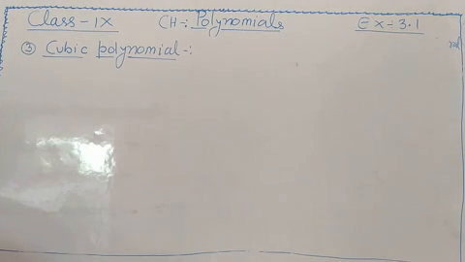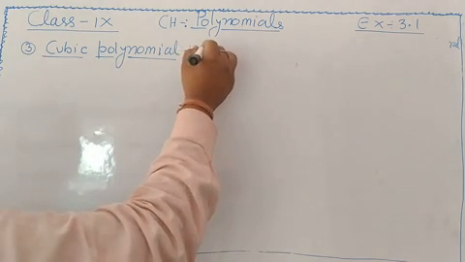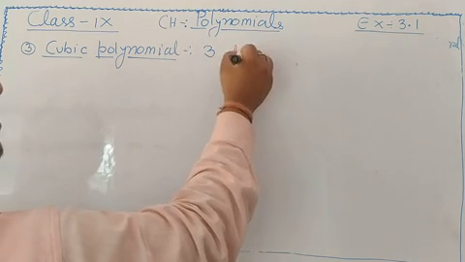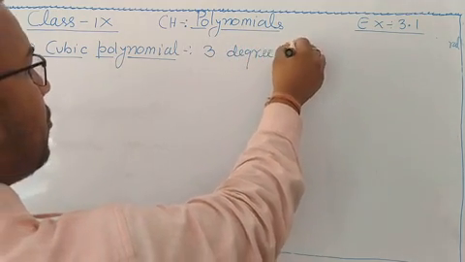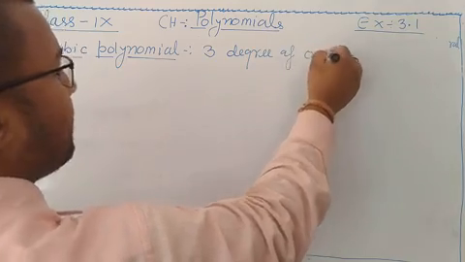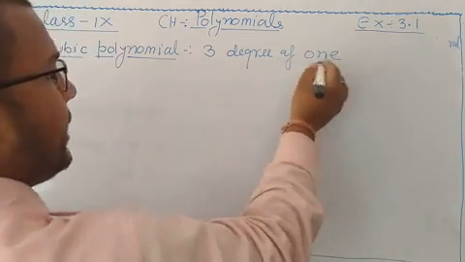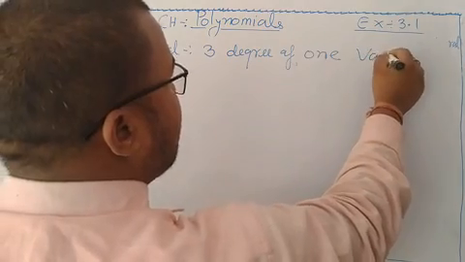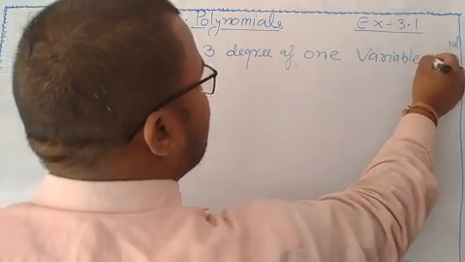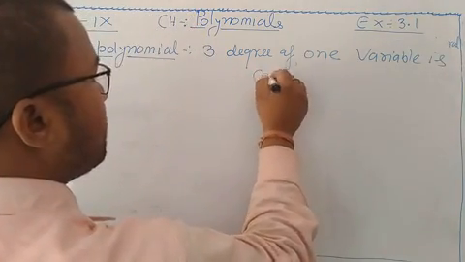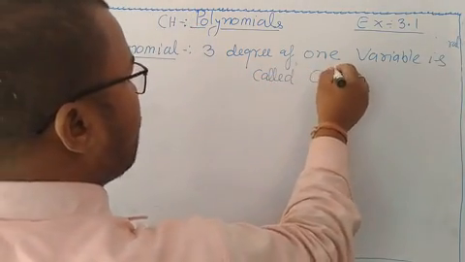Third is cubic polynomial. Cubic polynomial means three degree of one variable. Three degree of one variable is called a cubic polynomial.